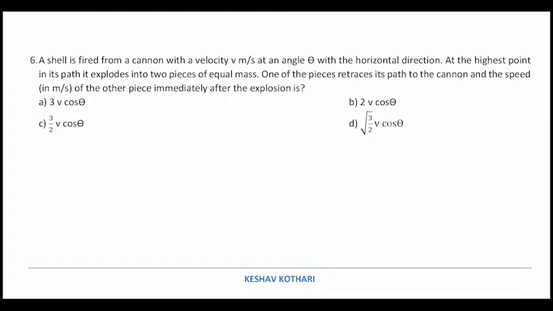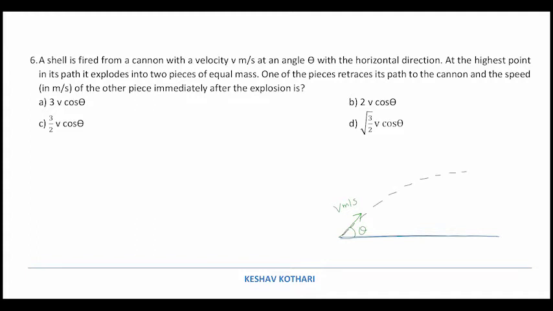So if I consider it in this way, I can draw the diagram like this. The shell is fired from the cannon over here with a velocity v meter per second, making an angle theta with the horizontal, and it will be in a projectile path like this.